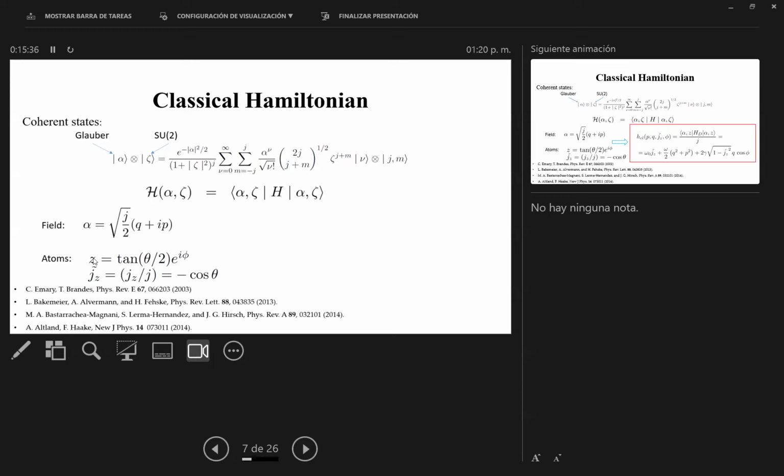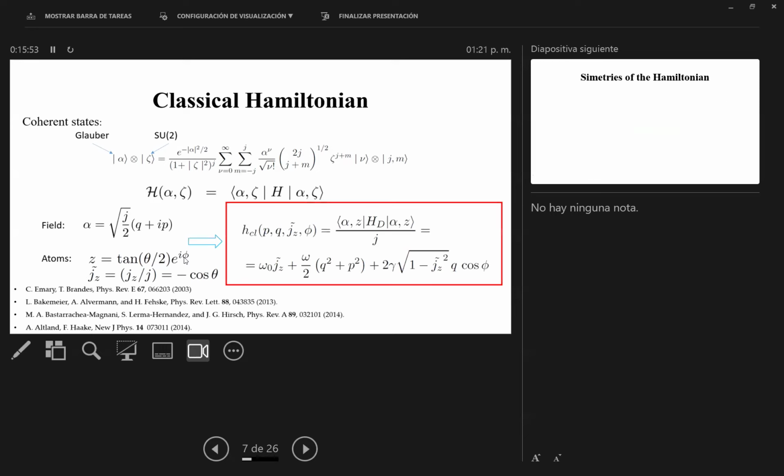In the atomic part, we can project with this other zeta in Greek, but it depends on the theta and phi variables, which are also canonical variables. With this in mind, we can write the classical Hamiltonian after this expectation value. The classical Hamiltonian is this one, with four coordinates.